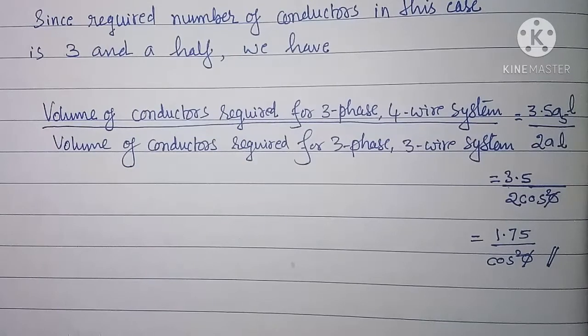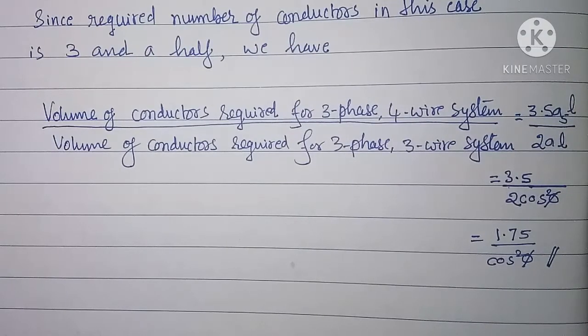Secondly, for the distribution system, normally 3-phase 3-wire is the best, which is preferred due to the greater efficiency of polyphase generation and convenience.